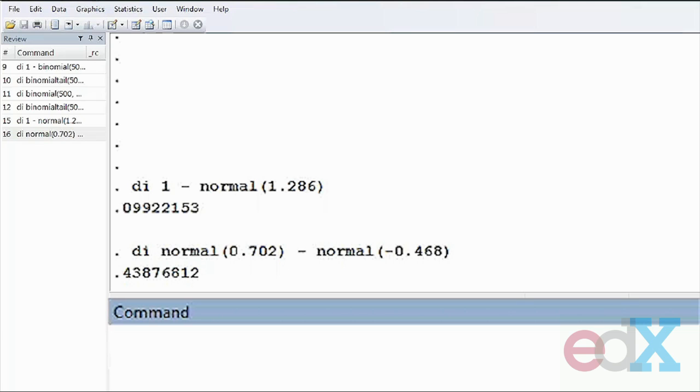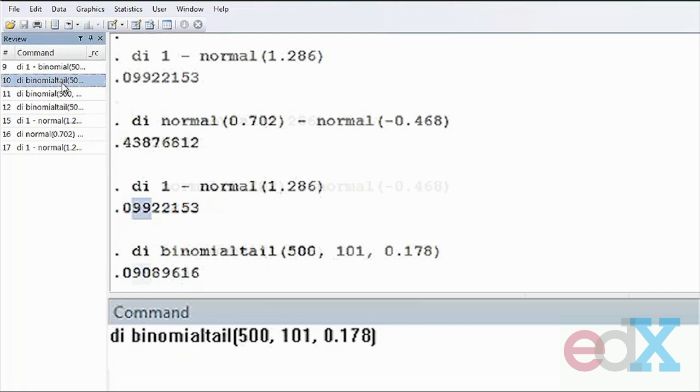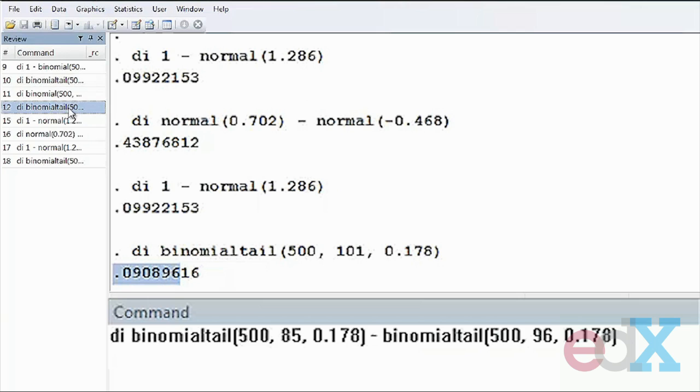So the final question that we want to ask is, do the normal and binomial models give similar results? So for the probability that x is greater than 100, we found for the normal model it was about 9.9%. We found that for the binomial model, on the other hand, it was about 9.1%. So those results to me seem pretty similar.